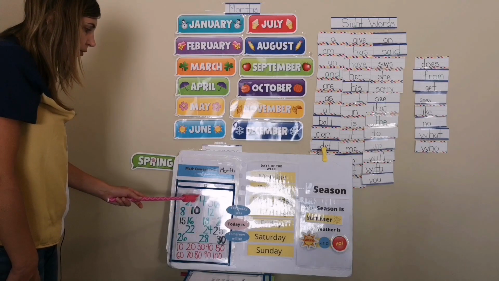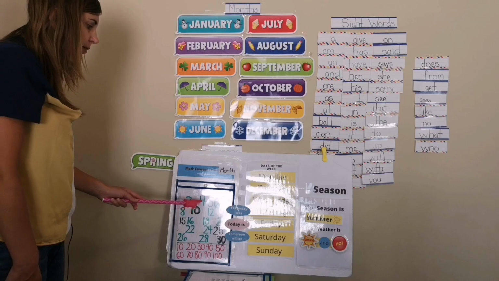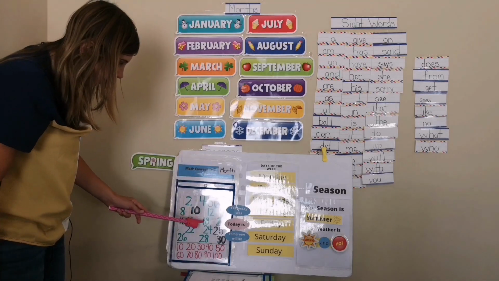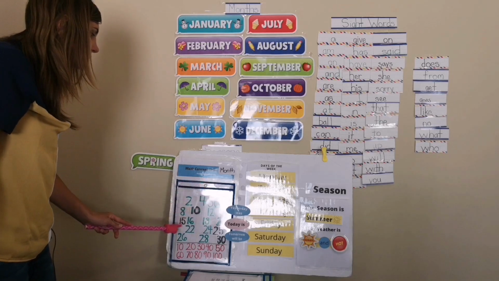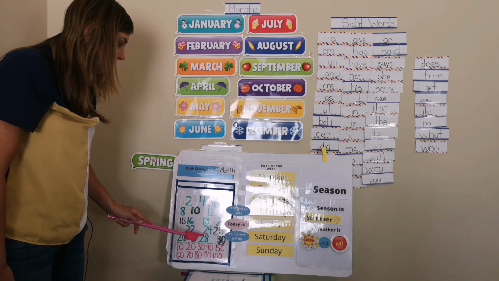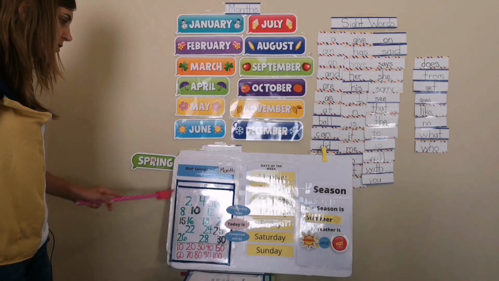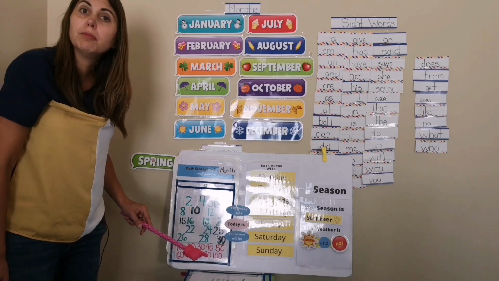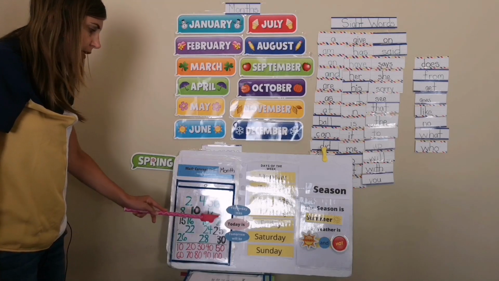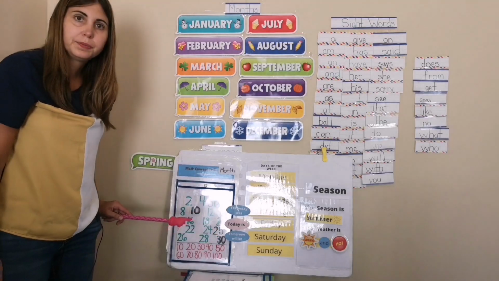2, 4, 6, 8, 10, 12, 14, 16, 18, 20, 22, 24, 26, 28, 30. Those are counting by twos. Now we're going to count by fives. 5, 10, 15, 20, 25, 30.